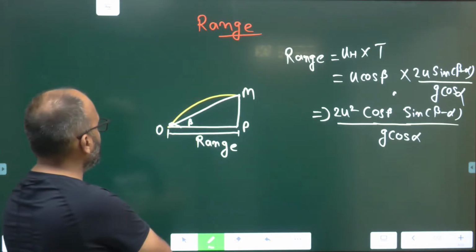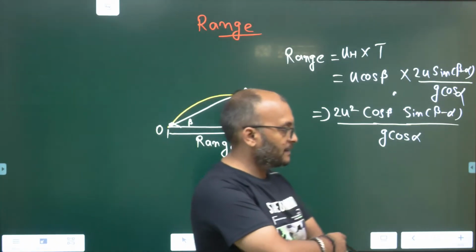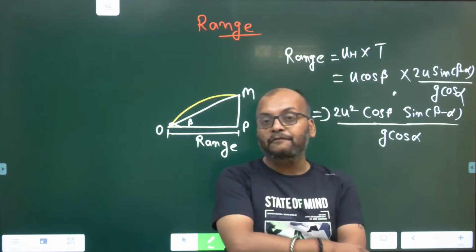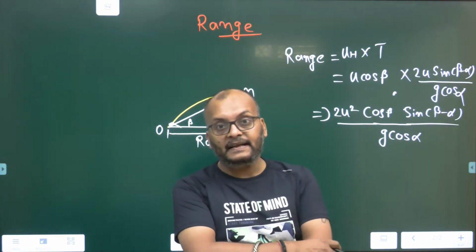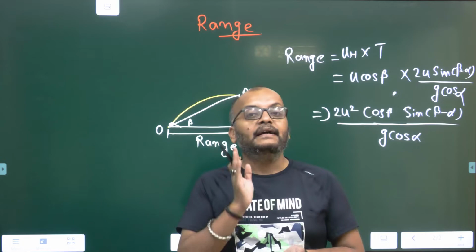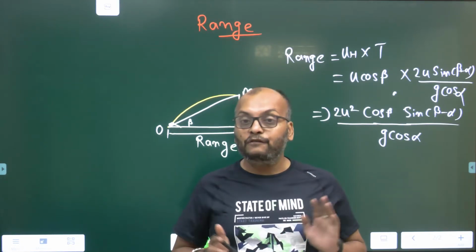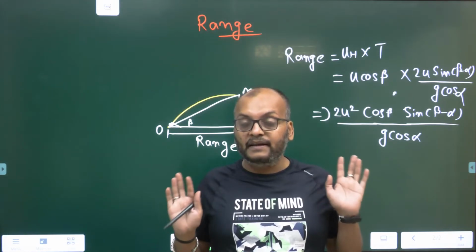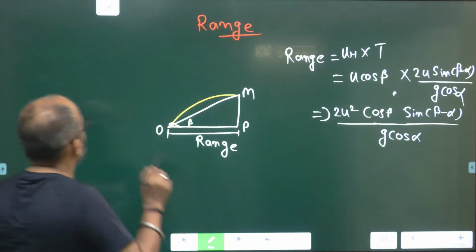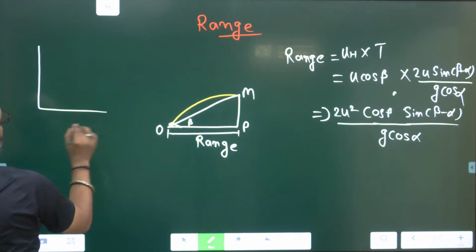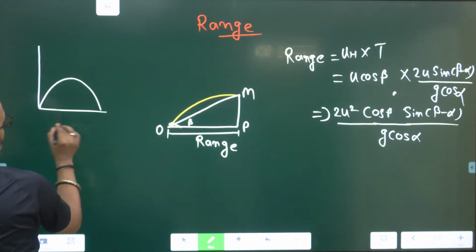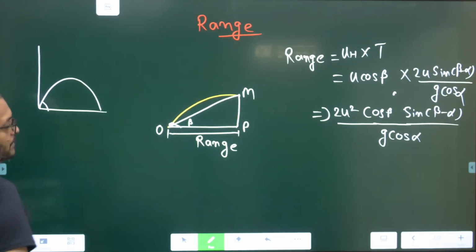So if this is range, then what angle will you take? You are taking alpha because you are considering the angle of inclination of the incline. But pay attention, even in the normal cases, we always considered which angle? The angle which the projectile was making with the horizontal.